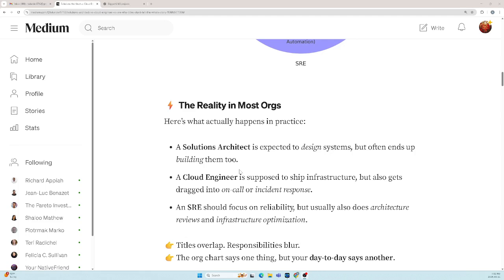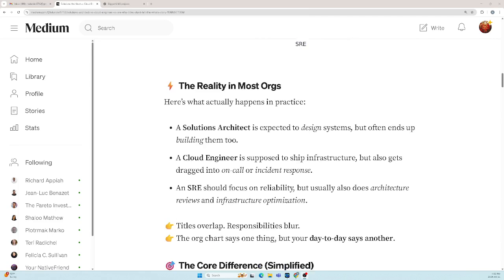Cloud engineers support shipping the infrastructure, but also get the on-call and, once there's any problem, help with incident response. SRE should focus on reliability, but usually also does architecture review and infrastructure optimization. So the jobs are very overlapping.